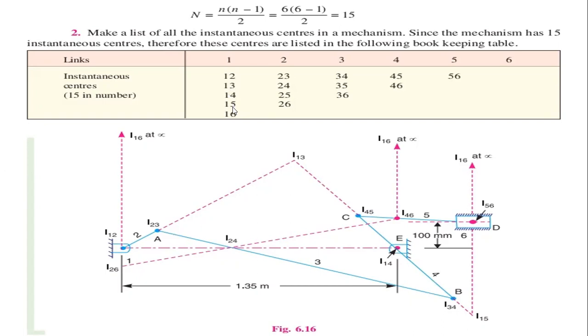Then there are I15 and I16. I15 is produced on the extended part of the slider to the fourth link, and 6 is produced from the fixed positions, that is I12, I46 and I16. Likewise, all the instantaneous centers have been produced from the space diagram.